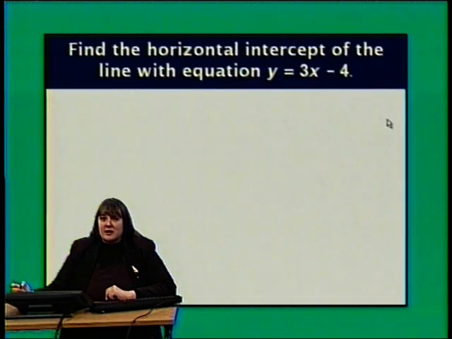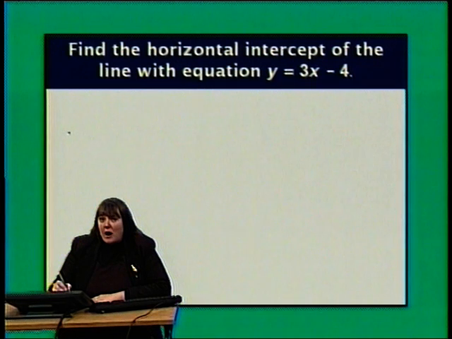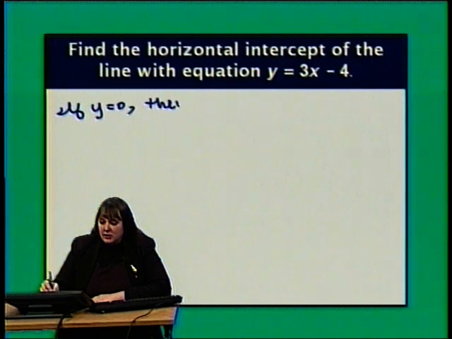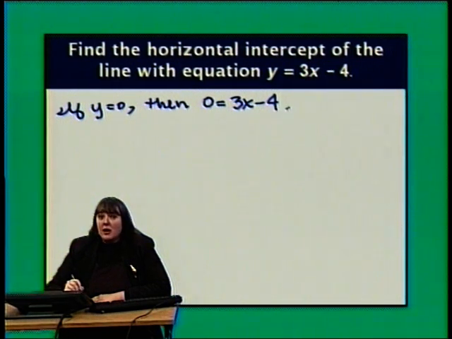So let's find the horizontal intercept of the line with equation y equals 3x minus 4. Well, we want our y value to be 0. So if y equals 0, then we have 0 equals 3x minus 4. Solving for x, I can add 4 to both sides of the equation.